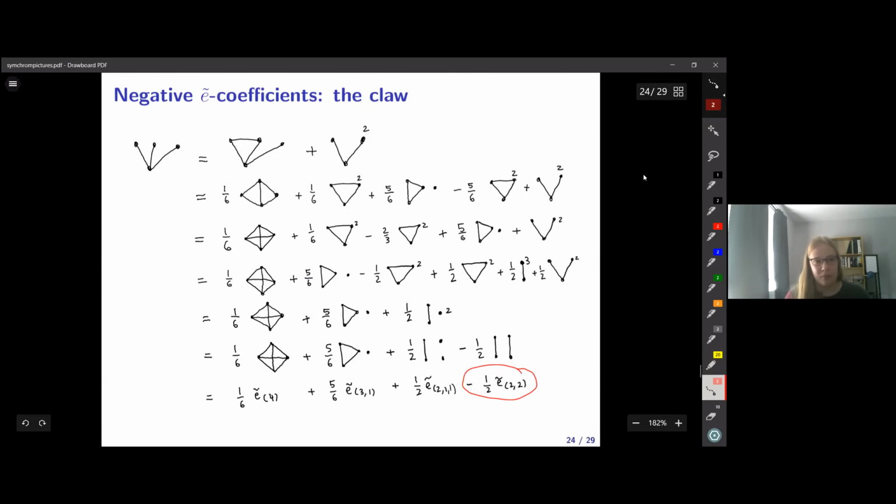And if you don't want to listen to my words for the next 2 minutes, you can check that this calculation of the E coefficients for the claw is correct. But more to the point, for the claw, the E coefficients are actually not all of the same sign.